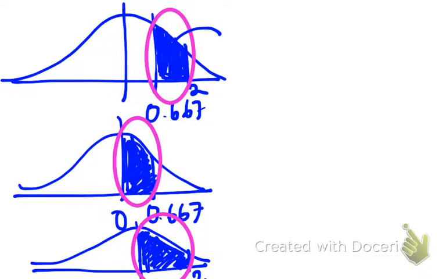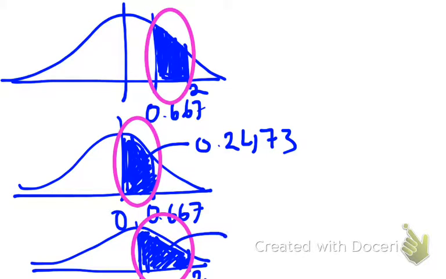If I look up the probability going between 0 and 0.667, that is going to give us a value of 0.2473. And if I look between the z value of 0 and 2 and find the probability of this area, that's going to give us a probability of 0.4772. So now I'm going to subtract those two areas to find the one that I want.